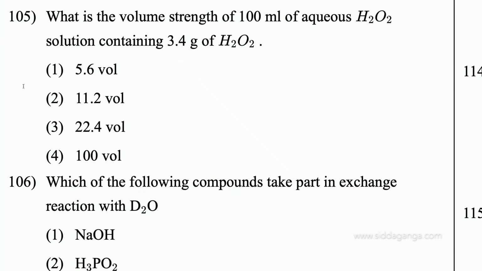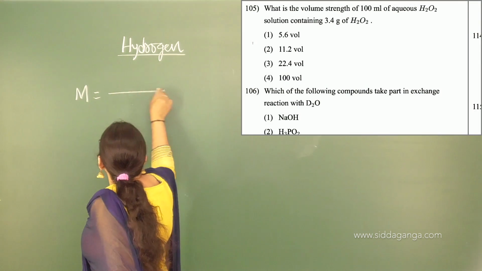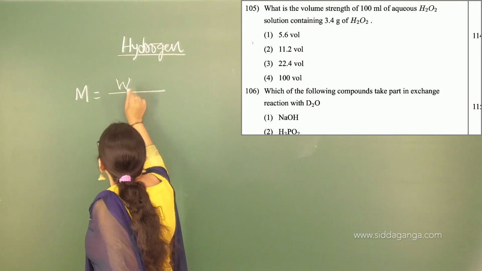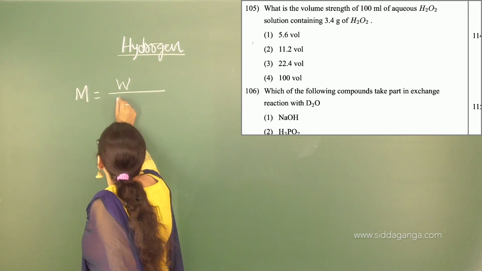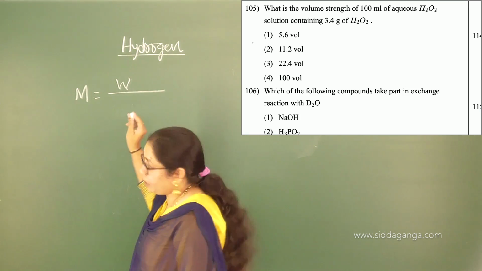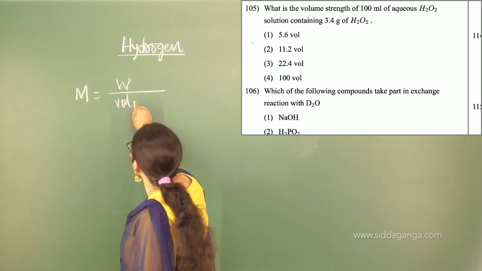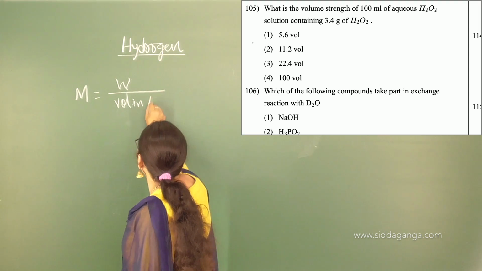What is the volume strength of 100 ml of aqueous H2O2 solution containing 3.4 gram of H2O2? The options are 5.6, 11.2, 22.4, 100 volume. Let us calculate this one. Molarity is weight of substance divided by molecular mass into volume in liters.